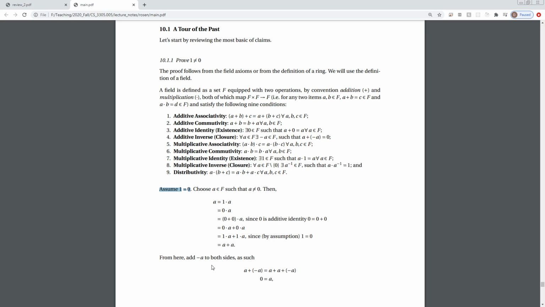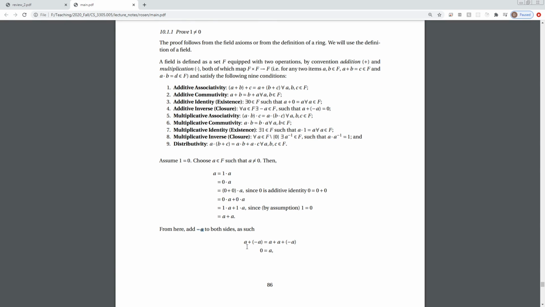Okay, well, we know from this one that there exists an additive inverse for any element A in our field. So we add that to both sides, and now the left-hand side is equal to 0, and on the right-hand side we associate these two and we get 0, and so then we get that 0 is equal to A. Well, we chose A such that it wasn't equal to 0, so that's our contradiction.